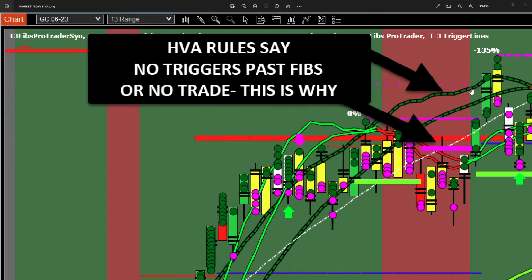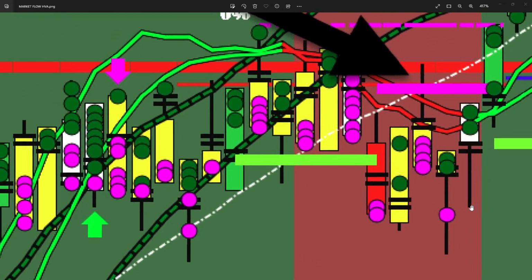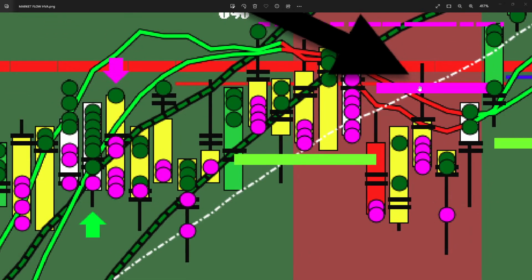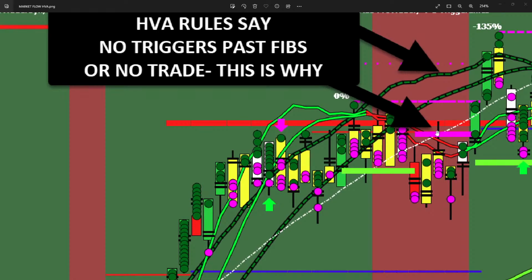So this is a really good visual of the rule of no triggers past the fibs. Everybody cool with that? Now, it bounced. If you sold right there and took 2 or 3 points and got out with divergence, you'd still make money. But it's not the best trade.